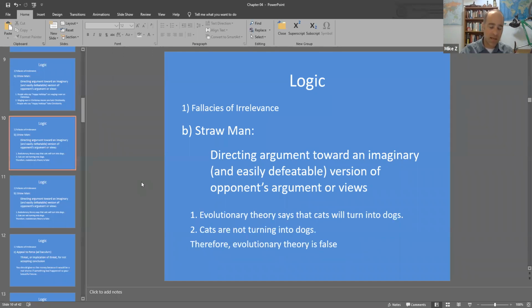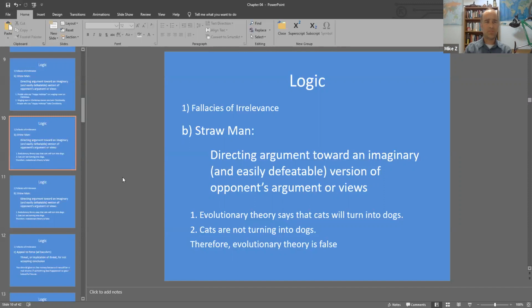So here's another one I've seen many times, and I actually used this in a previous presentation. Somebody might have heard a little bit about evolutionary theory, and they heard that new species evolve from other species, or current species can evolve into another species in the future. And so from that, they take it to this, right? That evolutionary theory says that cats will turn into dogs. Well, cats are not turning into dogs, so therefore evolutionary theory must be false.